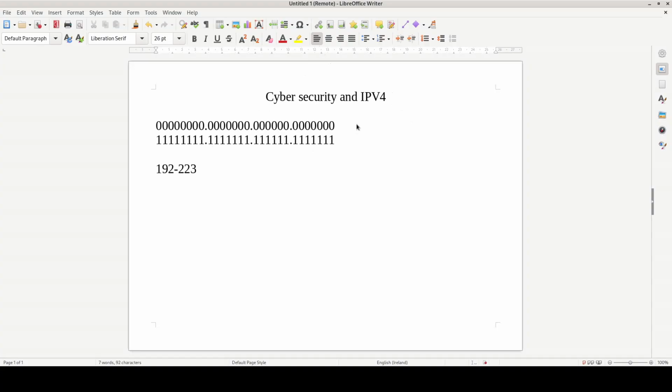Now I am going to take a value. Right here, 0, 1, 2, 3, 4, 5, 6, 7, 8. You know that the left side, all one block, is the network, and this is the host. This is network, this is also network, and this is also network, and this is host.